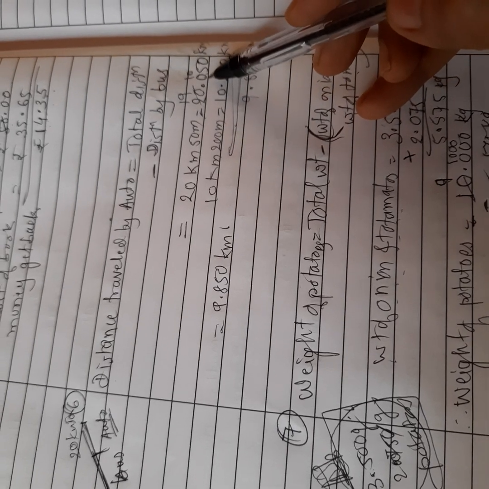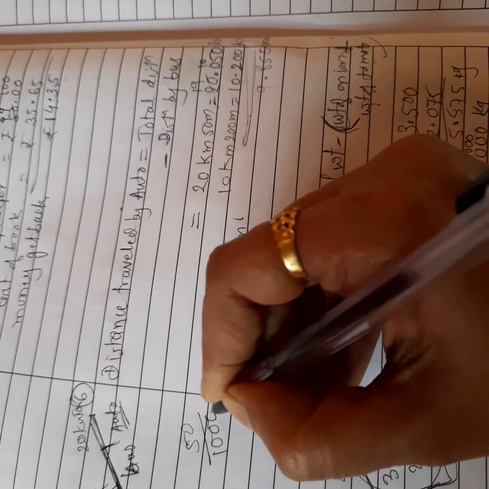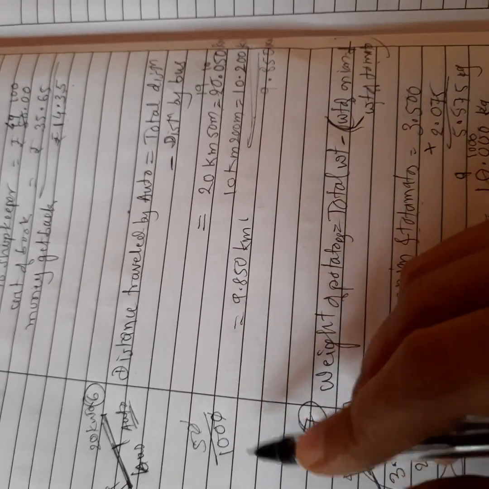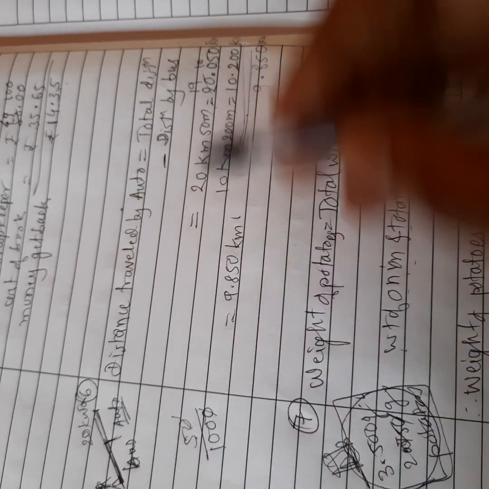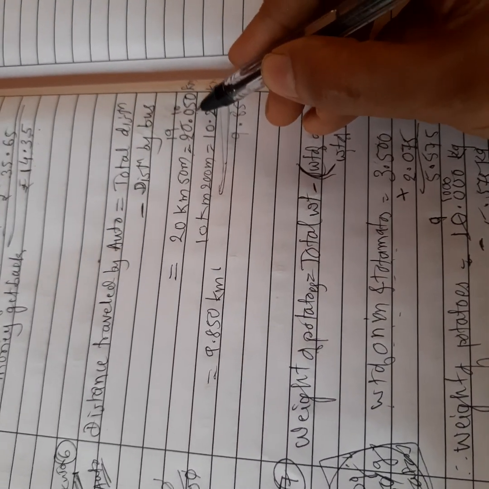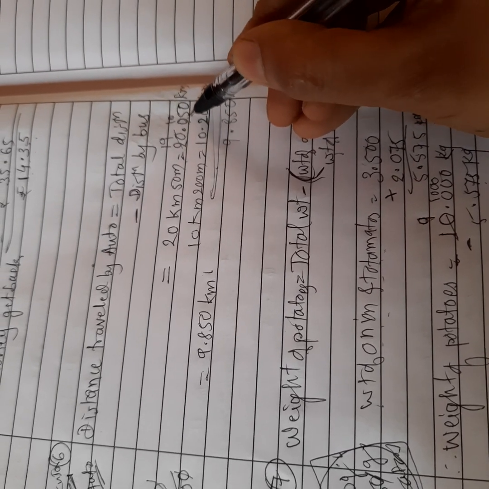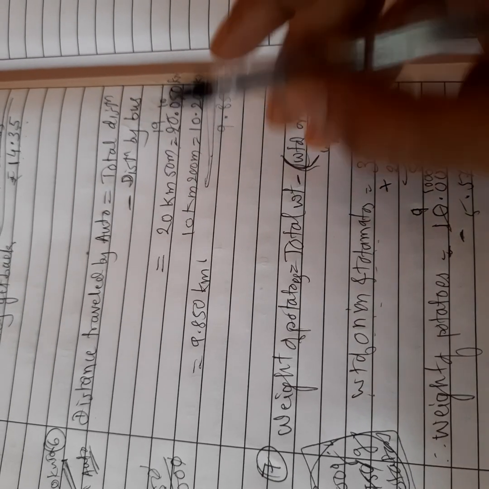So 50 meter we have converted into kilometers, which means we divide by 1000. Now we can see that 5 divided by 100 means 5 will be in the hundredths place. So we write 20 point, nothing in the tenths place, so 0, 5 in the hundredths place, and then 0 here.